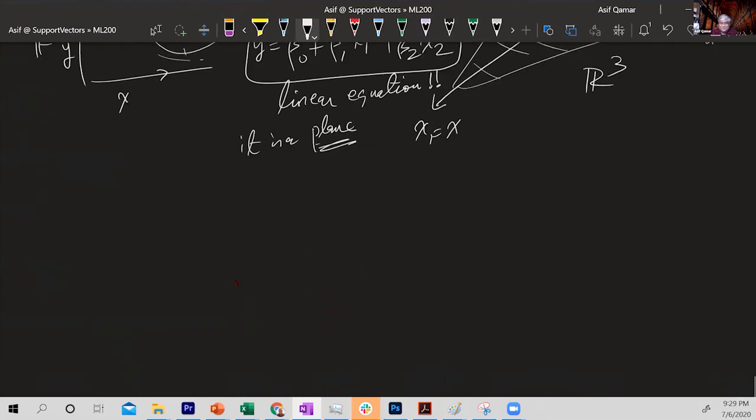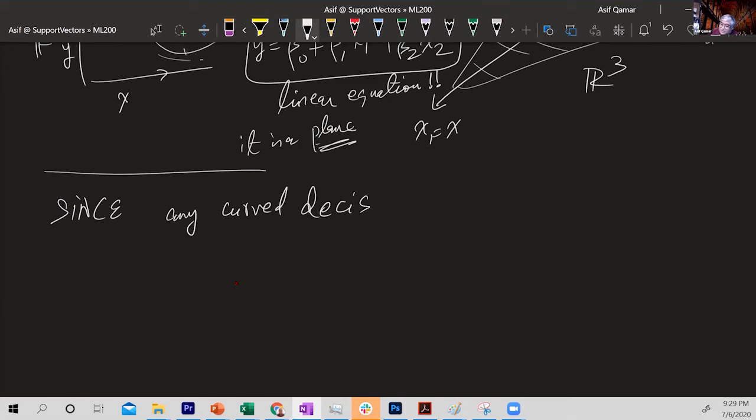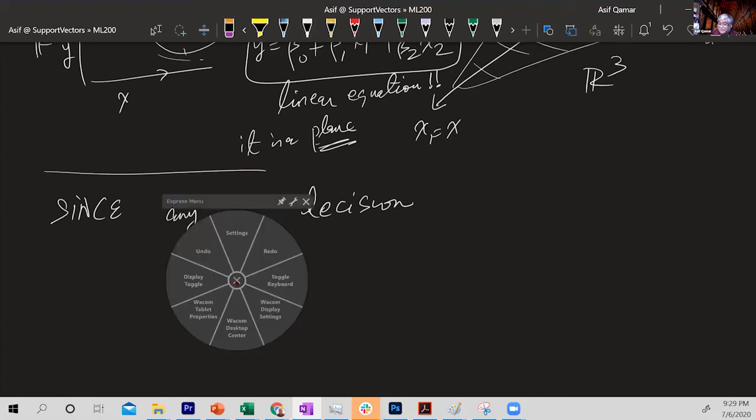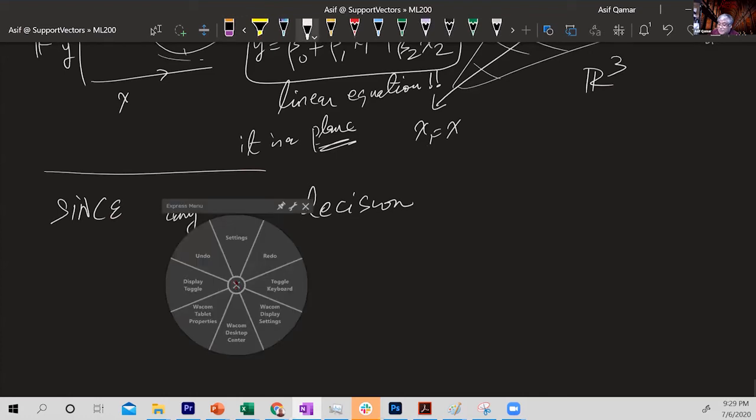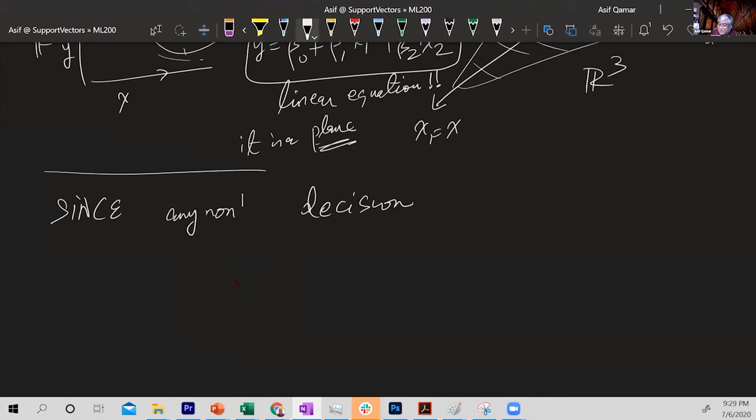So now what has that to do with this? Well, the statement is very simple. Any curved decision boundary, well, let me use the more formal term, non-linear. What is non-linear is therefore curved, right?